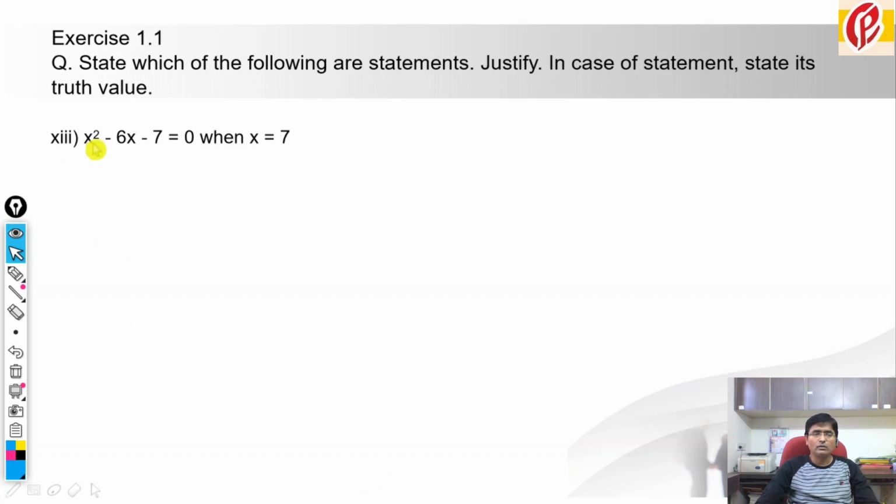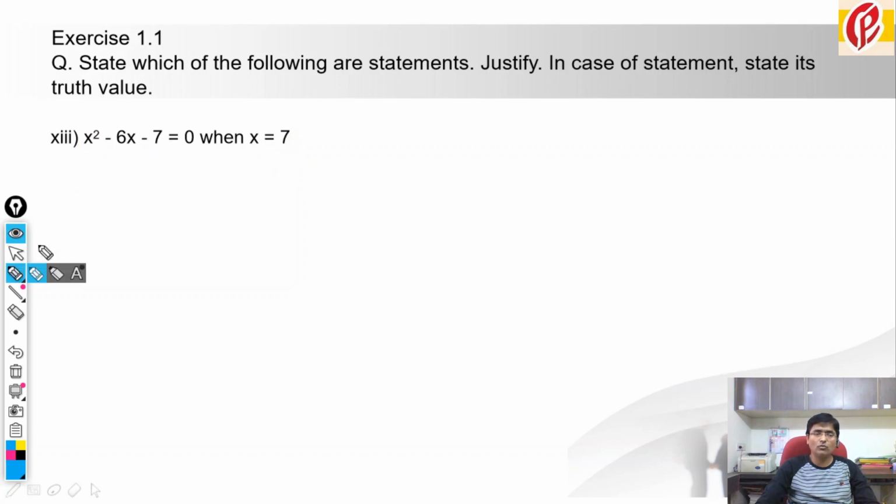Now here an equation is given: x square minus 6x minus 7 is equal to 0. But here the value of x is given, when x is equal to 7. Now if the value of x is given, then it is a statement. But see its truth value, is it true or false? Now put the value of x, that is 7, in this equation. So x square means 7 square.